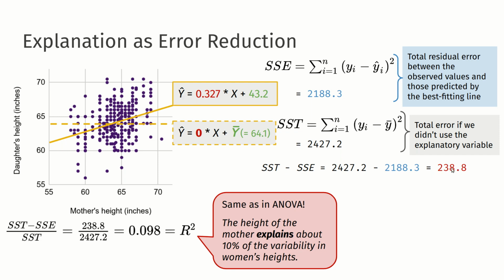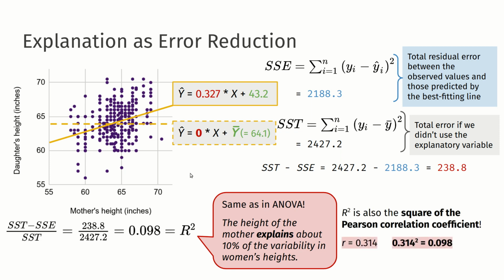Well, we just divide that by the total amount of error that we would get if we didn't know what that explanatory variable was. And when we carry out that calculation here on the bottom left, we find that the height of the mom explains about 10% of the variability in the adult heights of women, their daughters.